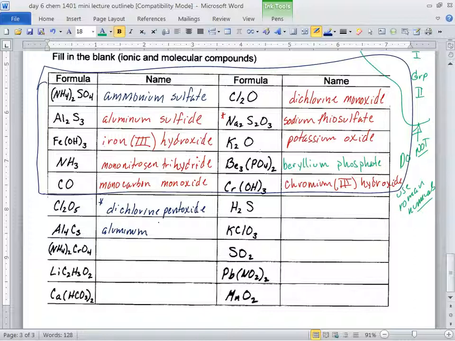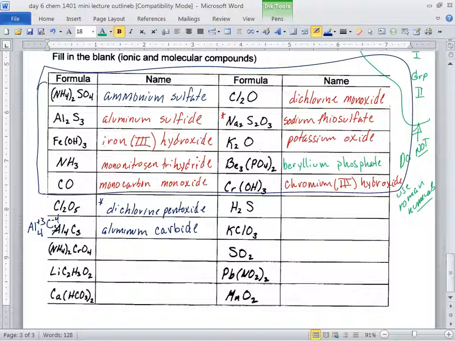So just aluminum, no Roman numeral. Aluminum carbide. Do you recognize it? Al has a +3. C has a -4. It's 4 away from the nobles. That's why there's a 4 down there and a 3 down there. Aluminum carbide.